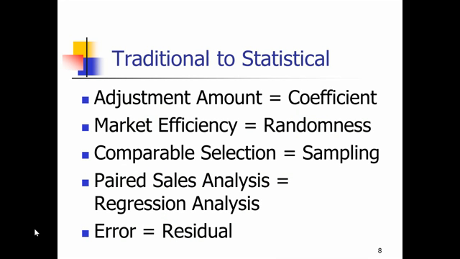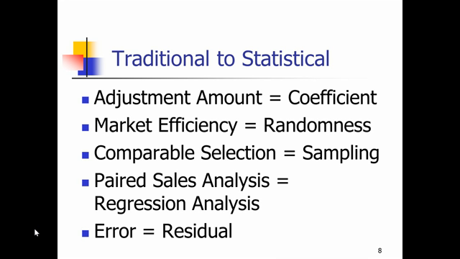There are some other additional overlaps. For example, an appraiser would say the adjustment amount, and the statistician would call that a coefficient. An appraiser would talk about market efficiency, and the statistician would talk about randomness. Appraisers will talk about comparable selection, and statisticians call that sampling.